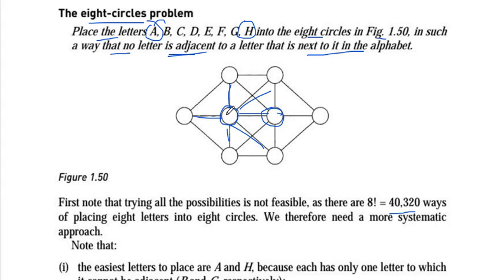If we put D here, then C and E should not be near D. E in any circle would be adjacent to D. For these two circles with 6 connections each, we will put A and H, because they are only connected to B and G respectively. We can put A and H, or vice versa, H and A.